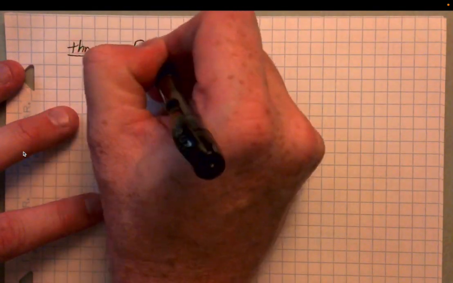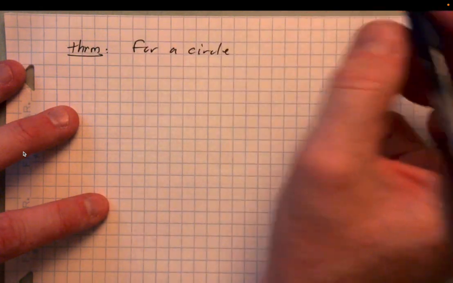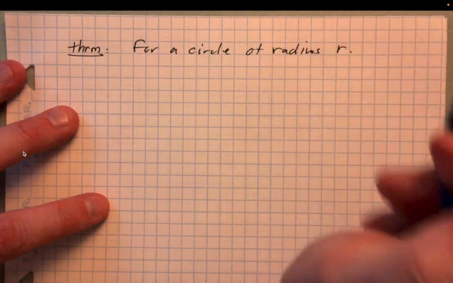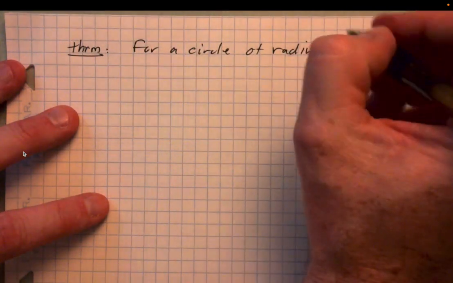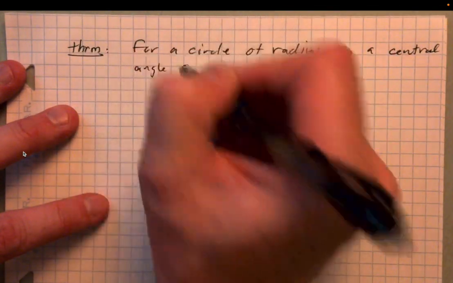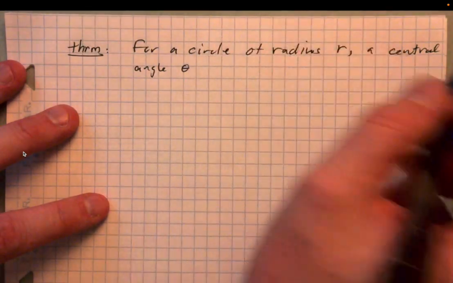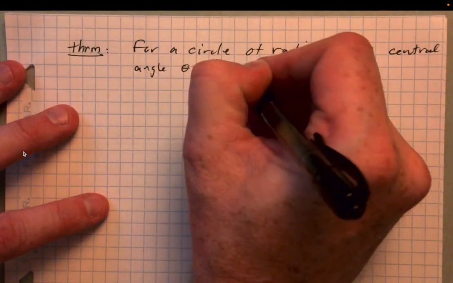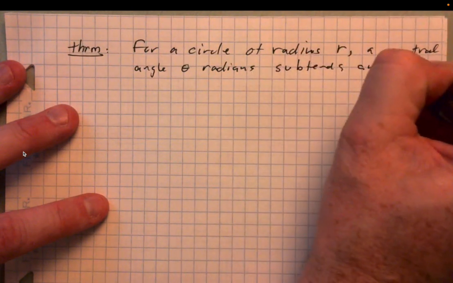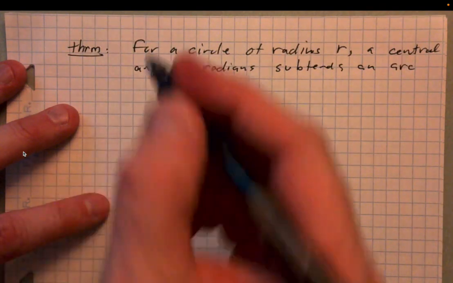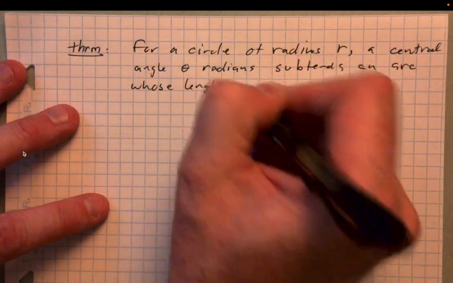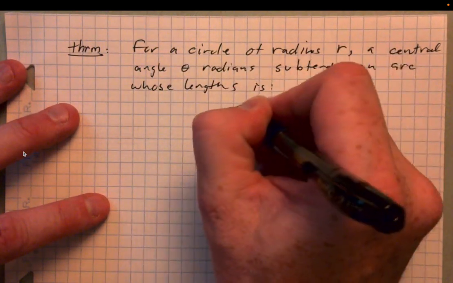So, for a circle of radius r, a central angle theta radians subtends an arc whose length s is, so what is s equal to?